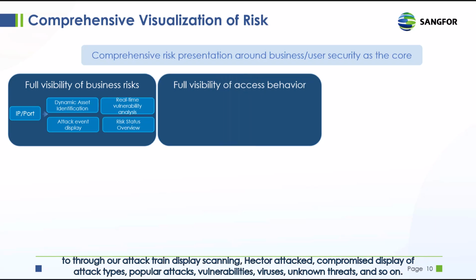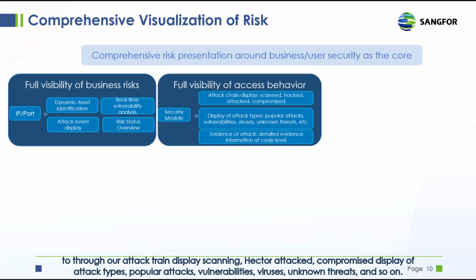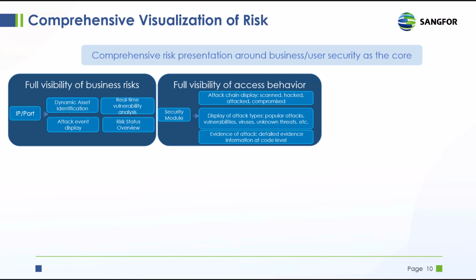The security model, through our attack chain, displays scanning, attacked, compromised, the attack types, popular attacks, vulnerabilities, viruses, unknown threats, and so on. And evidence of attack, detailed evidence information at code level.